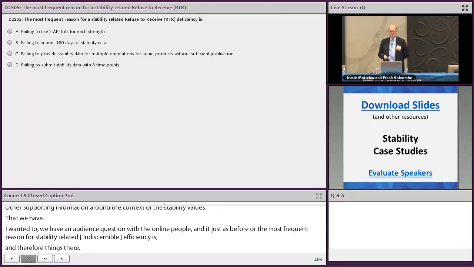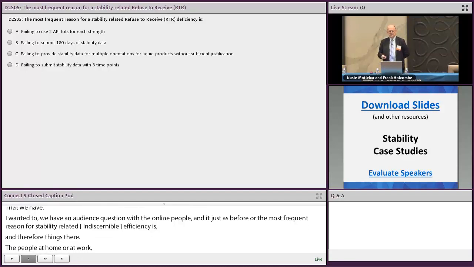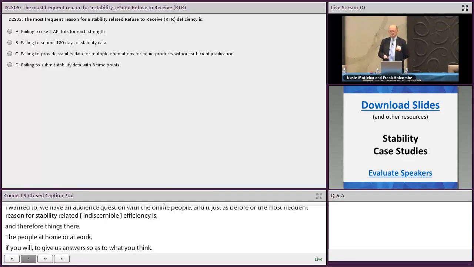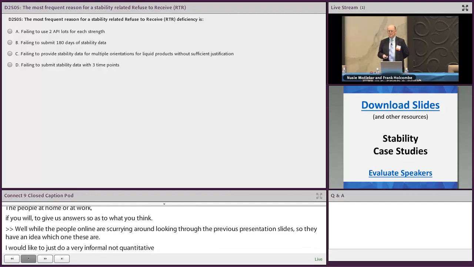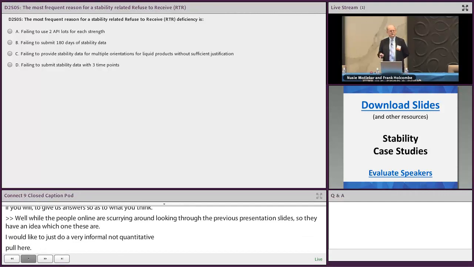While the people online are scurrying around looking through the previous presentation slides, so they have an idea which ones these are, I'd like to just do a very informal, non-quantitative poll here and just see who thinks that A, which is failing to use 2 API lots for each strength, is the number 1 reason. And just go ahead and raise your right or left hand.